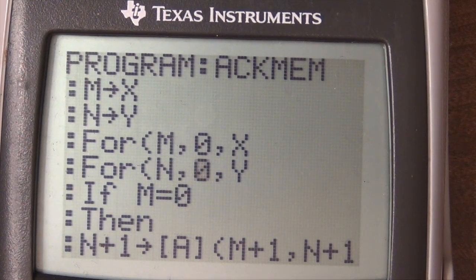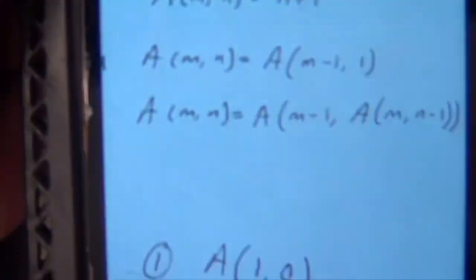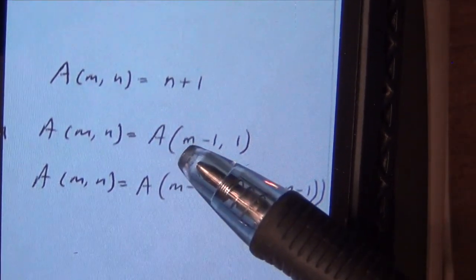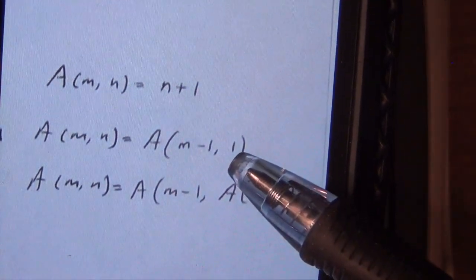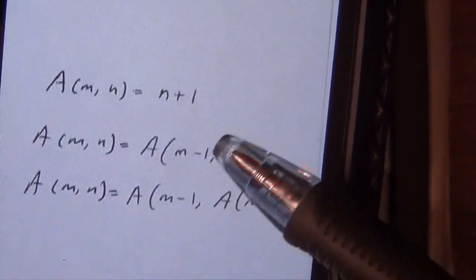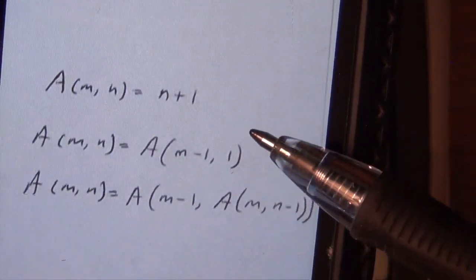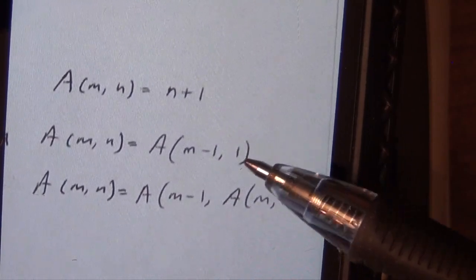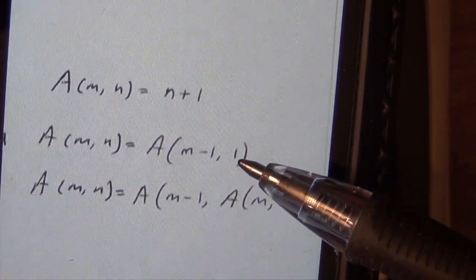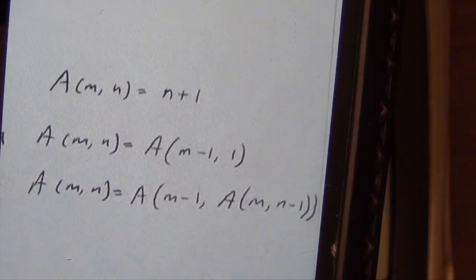So here's the weird thing. If you look on here, this is M minus 1, 1, not 0. This is a 1, which means if I haven't computed this one with the 0 yet, I can't even figure this one out.